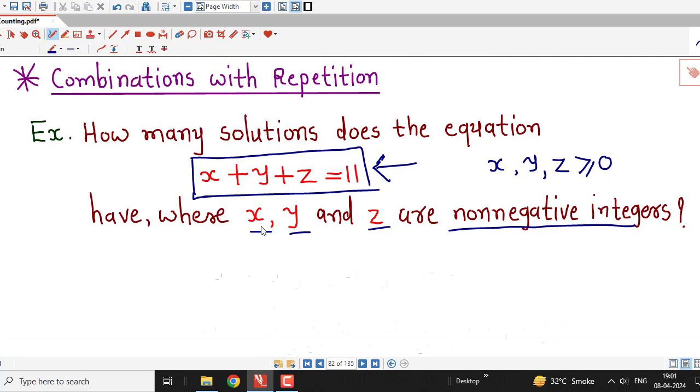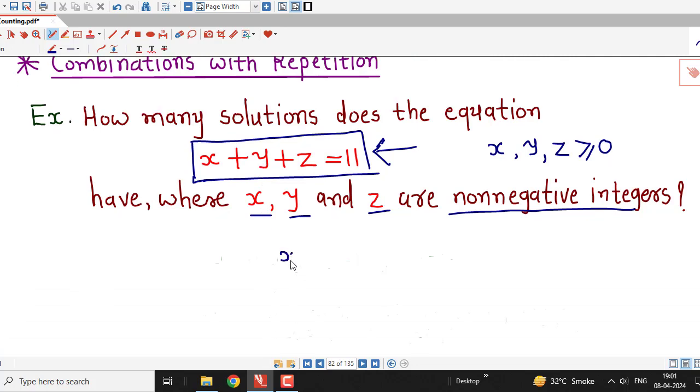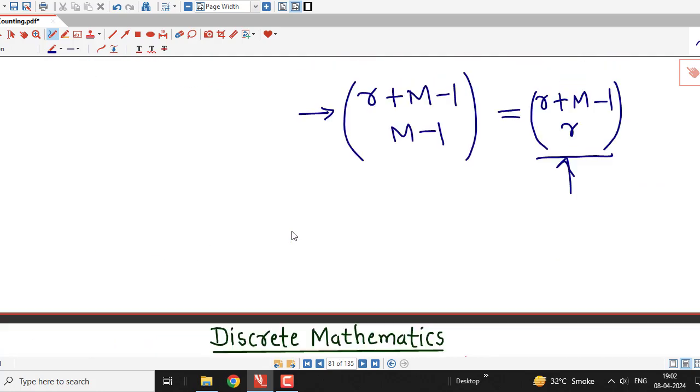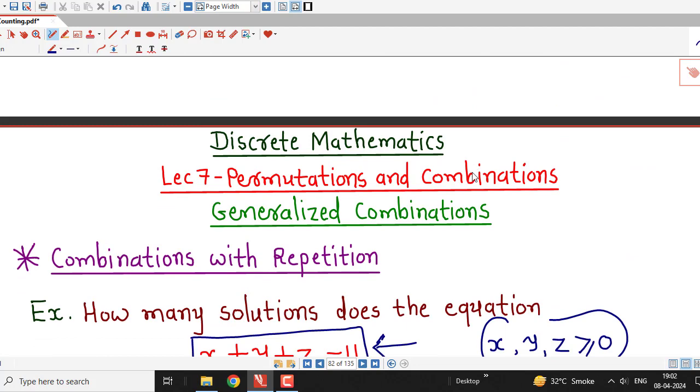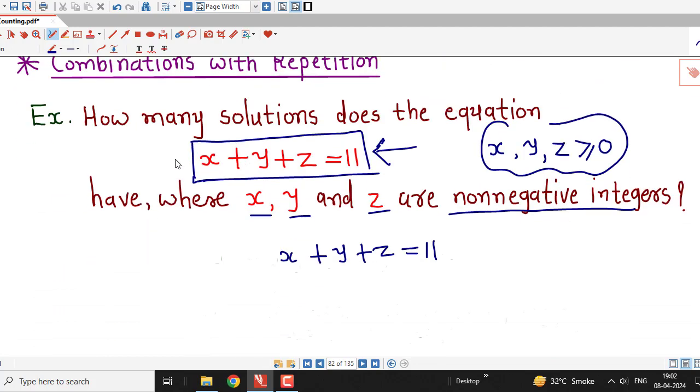We know that this equation has infinitely many solutions, but if we count only non-negative integer solutions, then they are finite in number, and using this formula we can decide the exact number of non-negative integer solutions for this type of equation.